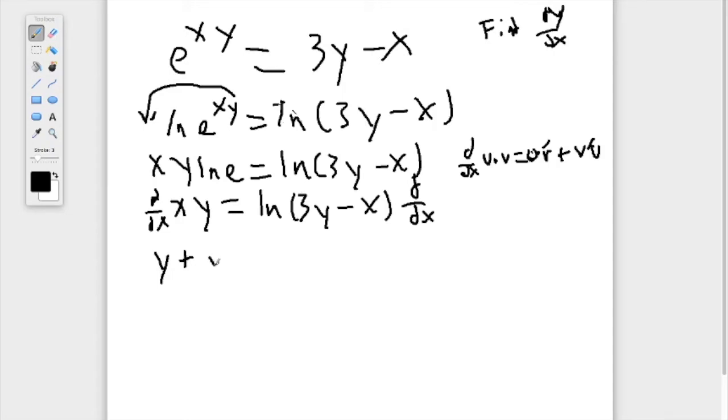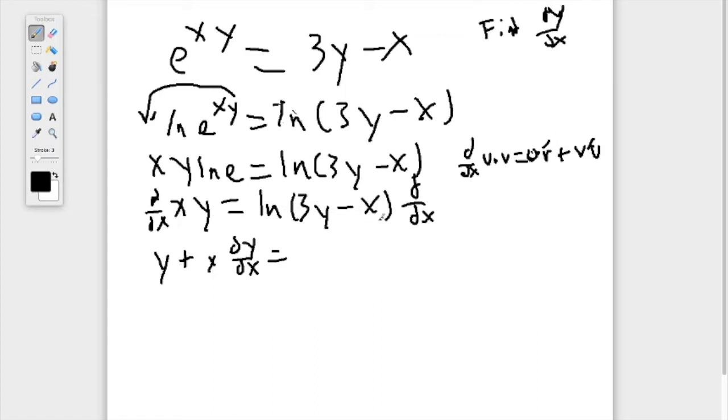But because we're differentiating with respect to x and not to y, we're going to have to apply the chain rule, which is dy over dx. And then on the right side, we're also going to have to apply the chain rule, but in a different way.